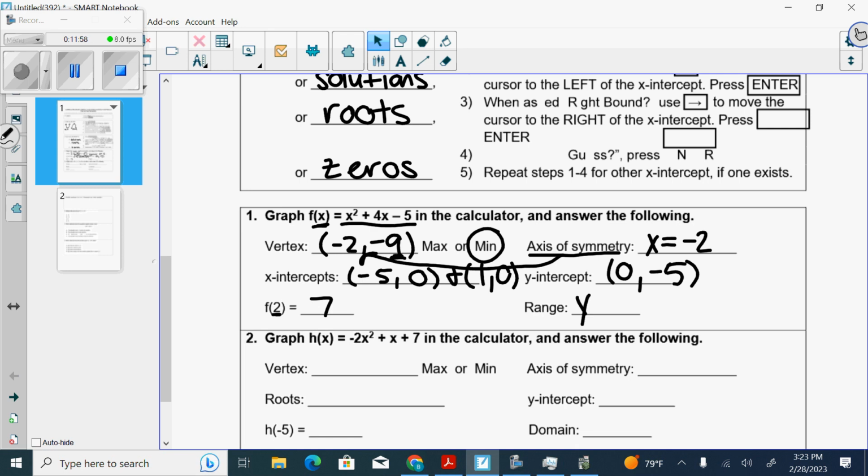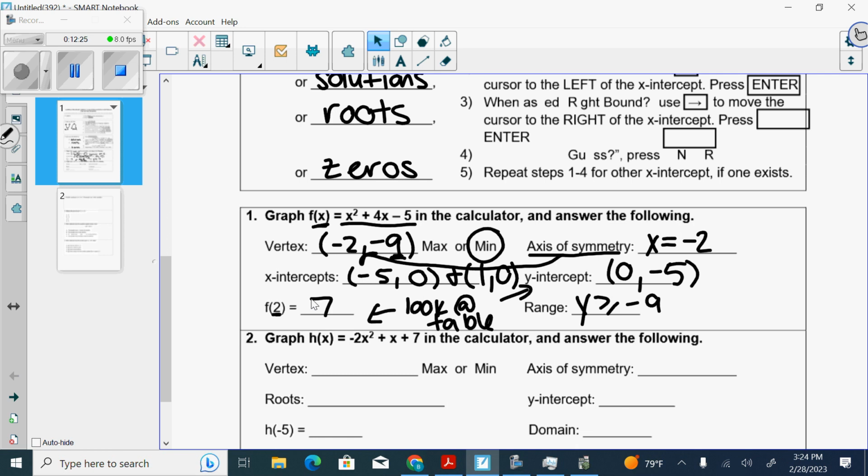So, do things get bigger or smaller as we go up? Bigger, so I would say y is greater than or equal to -9. Okay? All right, so for both of these, this one and this one, we just look at the table to find our answers. But everything else we've got set. All right? Okay, let's do another one.